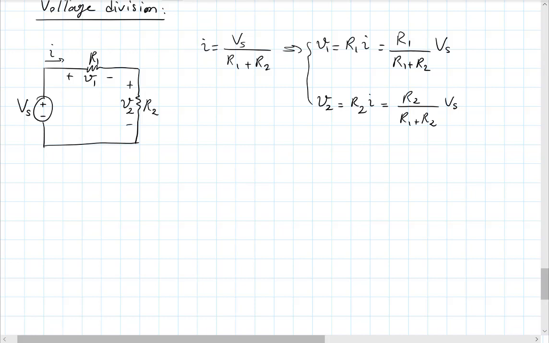Now, what is the sum of V1 and V2? Vs, and that's good, right? Because you don't want to lose your KVL there. So you see that the voltage Vs is divided between the two resistors in a manner proportionate to their resistances. Whichever has a larger resistance gets a larger portion of that voltage in that KVL.